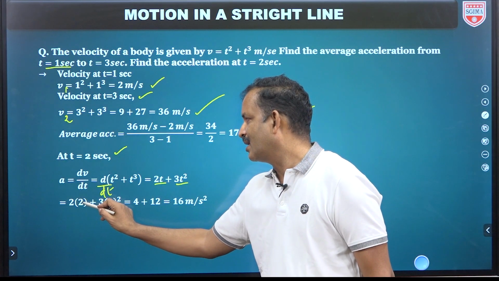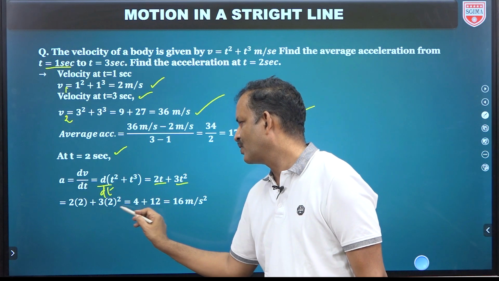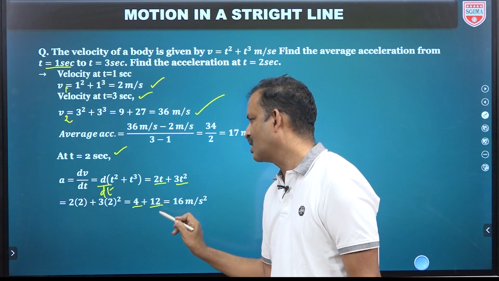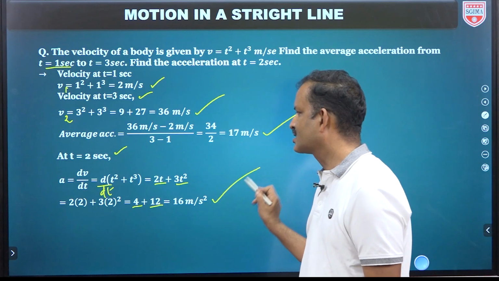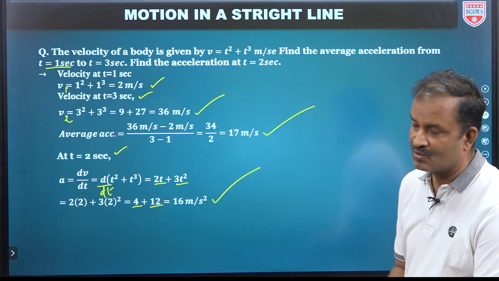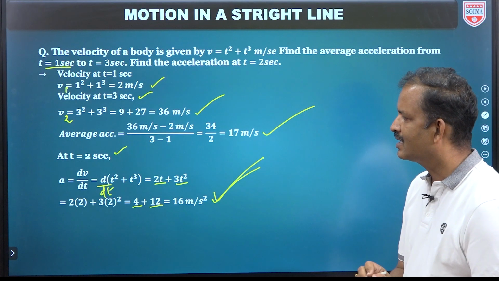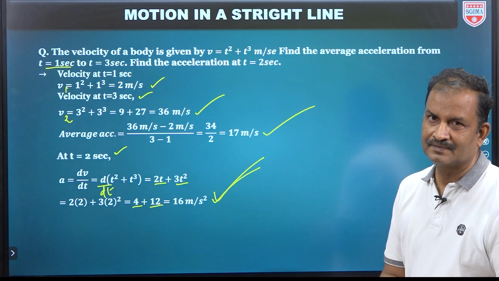At t equal to 2 seconds: 2 into 2 plus 3 into 2 square, that is 4 plus 12, that is 16 meters per second square. So at that particular instant t equal to 2 seconds, you are getting the acceleration as 16 meters per second square.